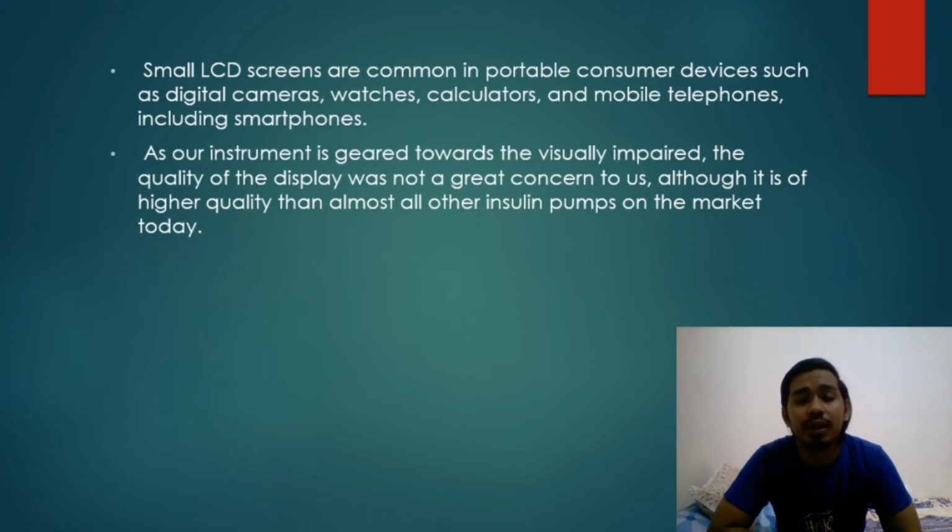Small LCD screens are common in portable consumer devices such as digital cameras, watches, calculators, and mobile telephones, including smartphones. As our instrument is geared toward the visually impaired, the quality of the display was not a great concern to us, although it is of higher quality than almost all other insulin pumps on the market today.